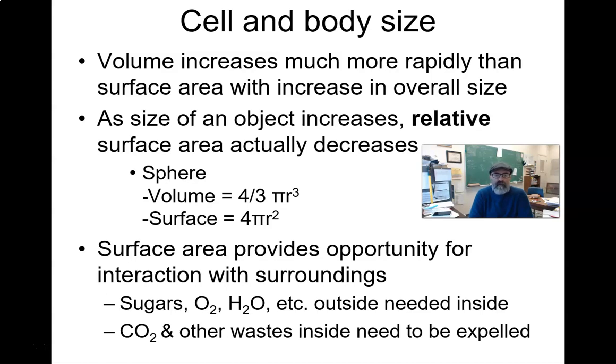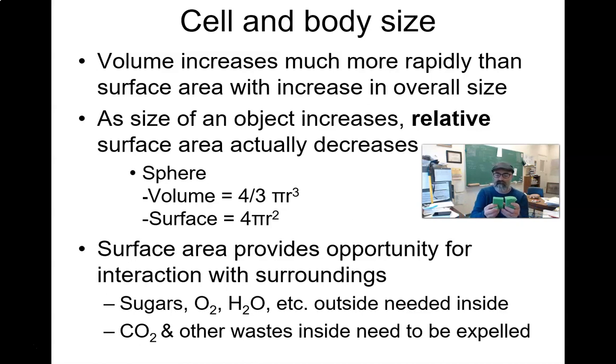What we see basically is that the volume of an object increases much more rapidly than the surface area as its size increases. So bear with me. As the size of an object increases, take, in fact, what I've got here, these little sponges.